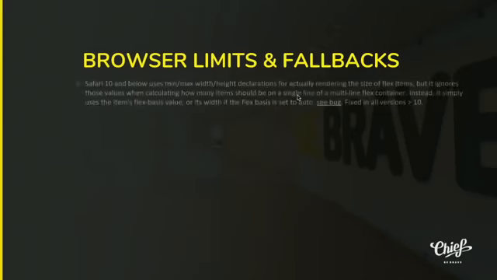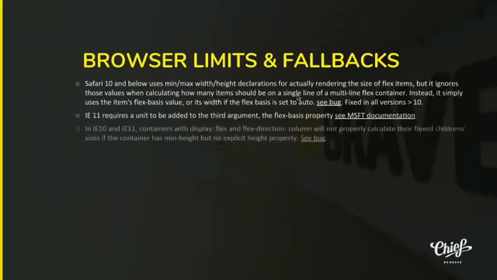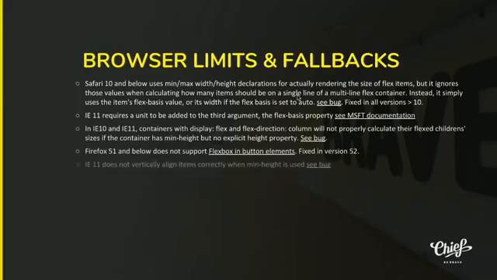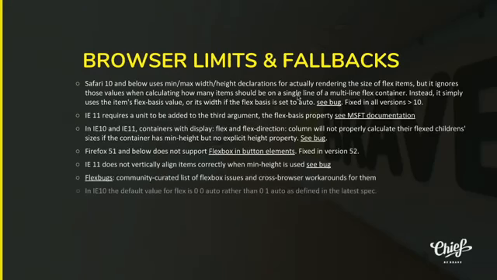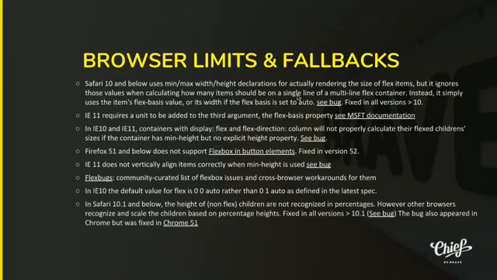And then browser fallbacks. All right, so this comes from caniuse.com. This is a great website that will give you all of the issues that might still exist with certain browsers. So it's a very long list, but it's not actually all that bad. These are all very specific use cases that will maybe cause a little hang-ups.